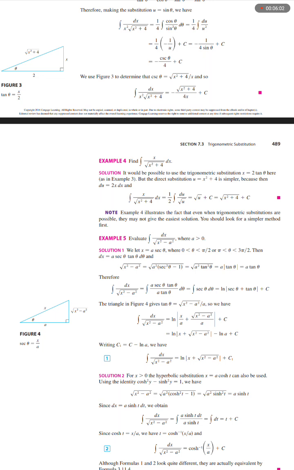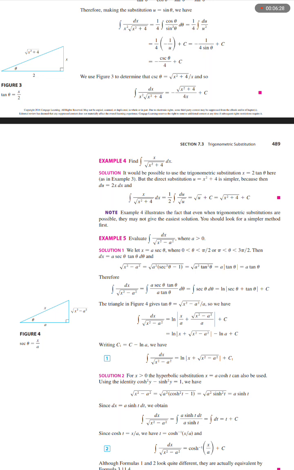Example 5. Evaluate the integral dx over the square root of x squared minus a squared, where a is greater than 0. Solution. We let x equal a secant theta, where theta is greater than 0 but less than pi over 2, or theta is greater than pi but less than 3 pi over 2.